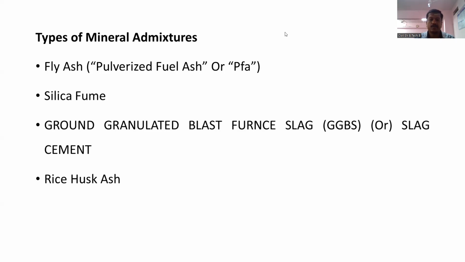Dust and soot from the burning fuels, yes, correct. Okay, so that we are going to capture and we are going to collect it, we are going to grind it to the finest level, and then we are going to use it in our particular cement as a supplementary cementitious material. Okay, there are two types of the fly ash.